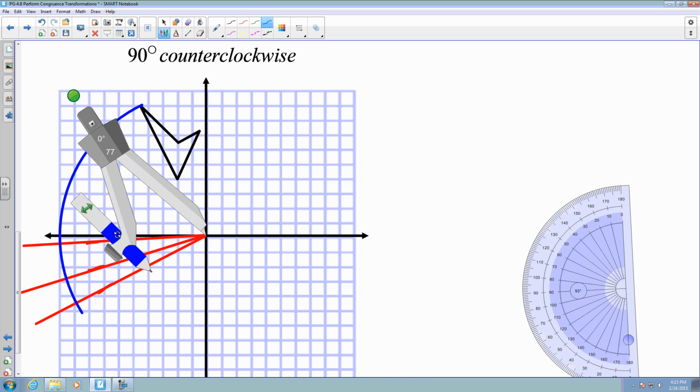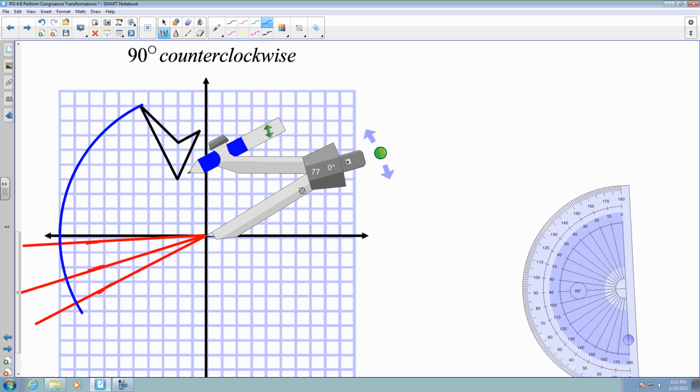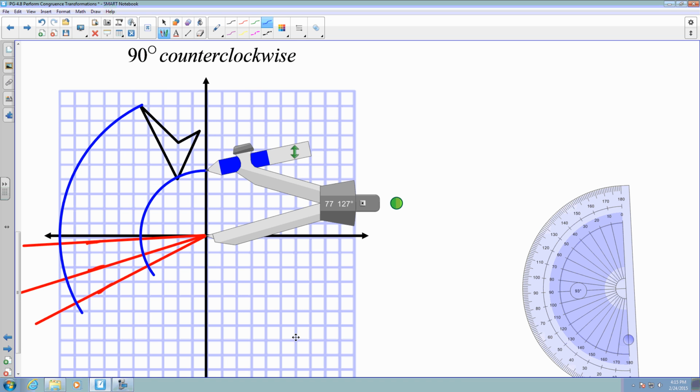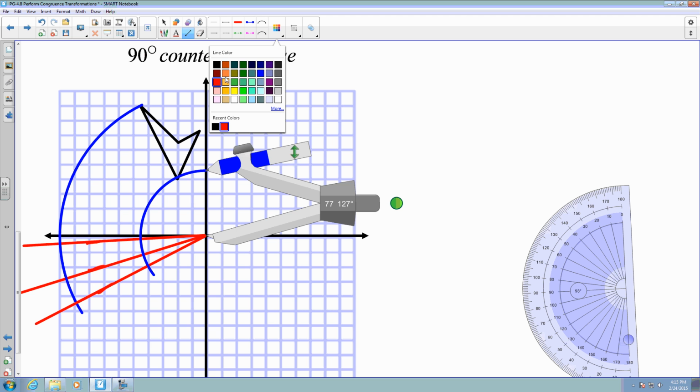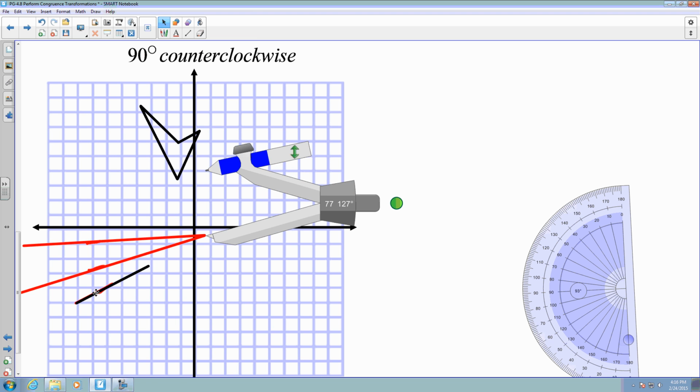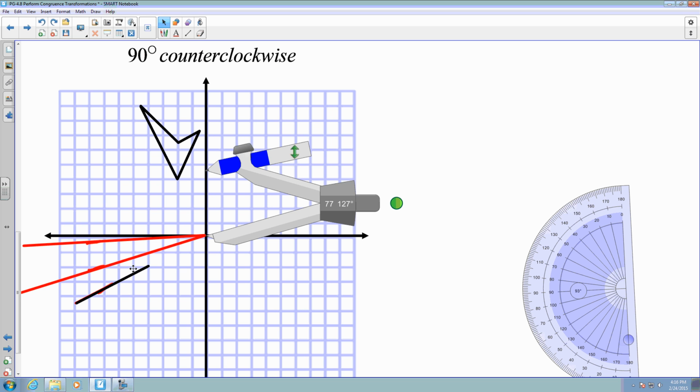Now, I guess I didn't make the mark yet. Here we go. So now these two intersecting points will give me the, I want it to be in a black color. So this here is my new position for that piece. So I can delete that, and I can even delete this. Oops. So that's my first piece there.